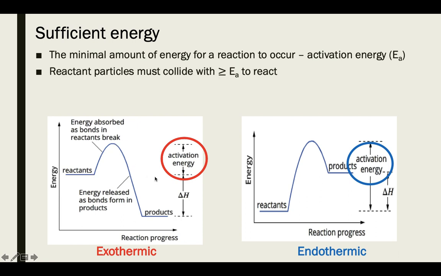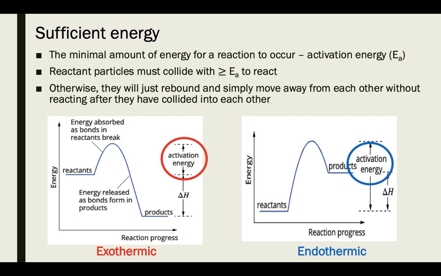So reactant particles must collide with energy larger than or equal to activation energy to react. Otherwise, even if they collide, and they might collide with correct orientation, without sufficient energy they will just rebound and simply move away from each other. So sufficient energy means larger than or equal to activation energy.